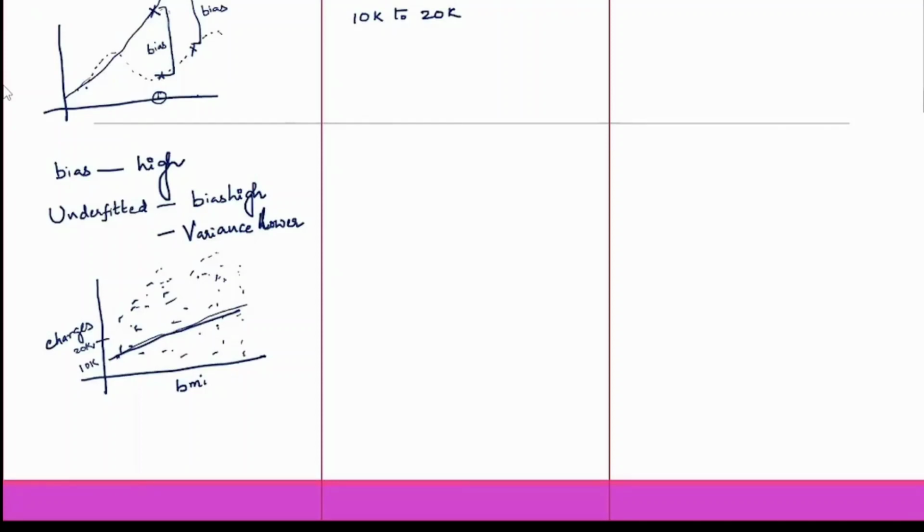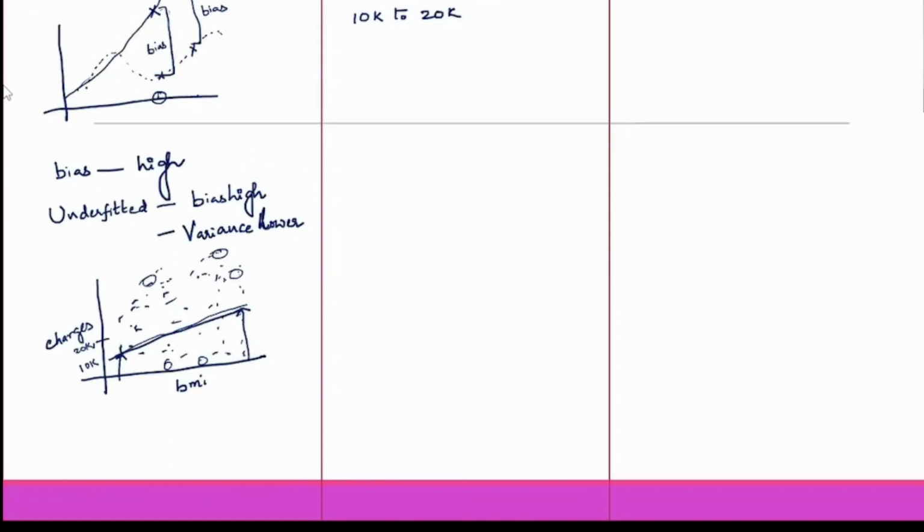So even if I look at the lowest values of BMI, the prediction is this. If I look at the highest value of BMI, the prediction is this one. But in the real world, the charges are pretty high at different levels of BMI as well, and they are very low as well. So the fluctuation of the charges across the BMI levels is very high.